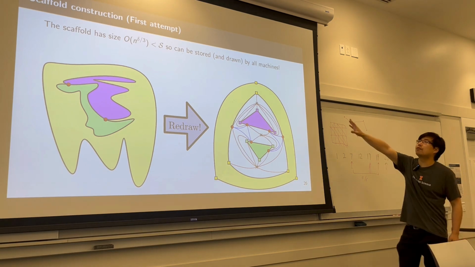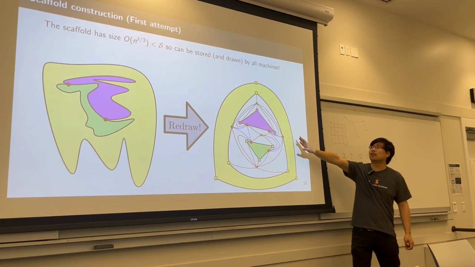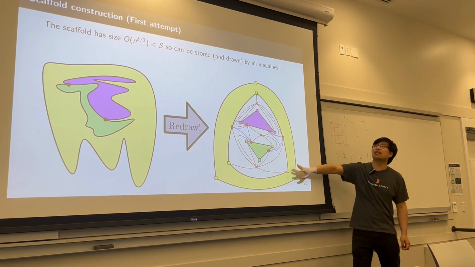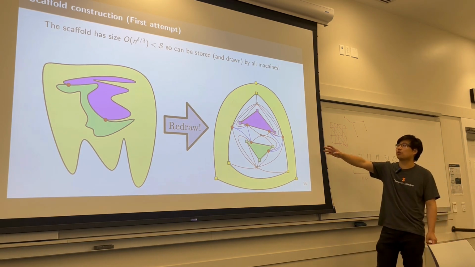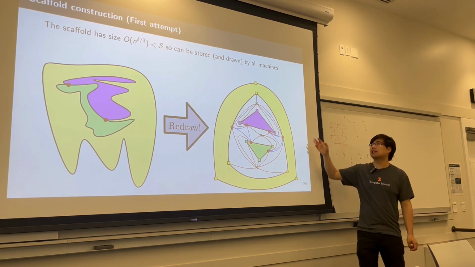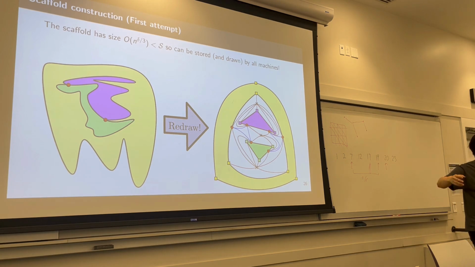And this scaffold will have size, and we'll call this the scaffold graph. Because this graph will have size order n to the delta over 3. This is size proportional to the separator that we constructed. And so you can store this all on one machine and draw this scaffold explicitly.